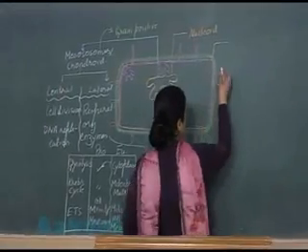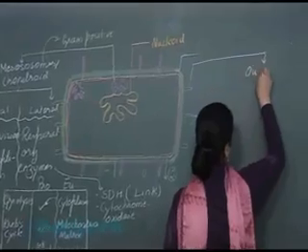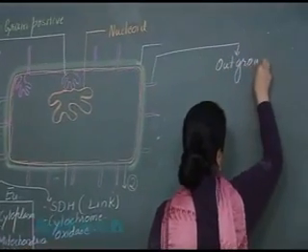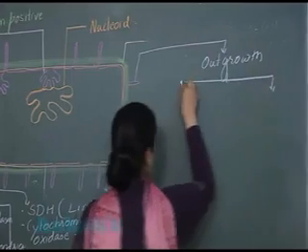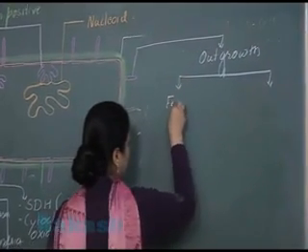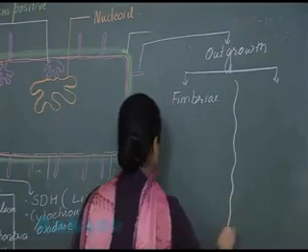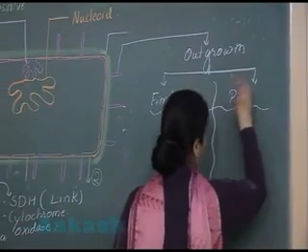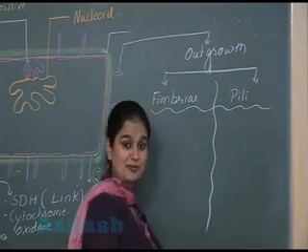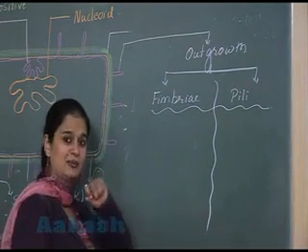These outgrowths of plasma membrane can be of two types. One is fimbriae and the other one is pili. Two types of outgrowth of the membrane, fimbriae and pili.